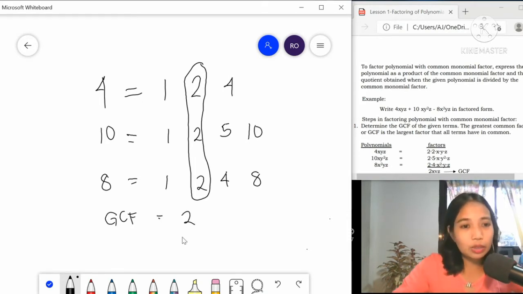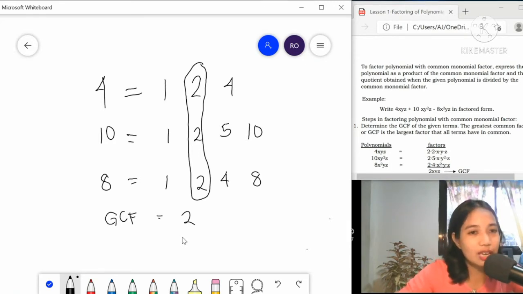However, numerical GCF pa lang yan ang numerical coefficients. Kukunin pa natin ang GCF ng variables. Pagkuha naman ng GCF ng variables, ang titingnan lang natin ay yung degree ng variable or yung exponent. Yung variable na may pinakamababang degree, yun ang ating magiging GCF.